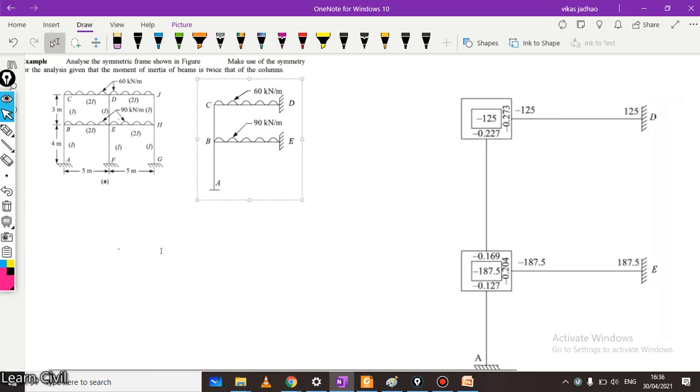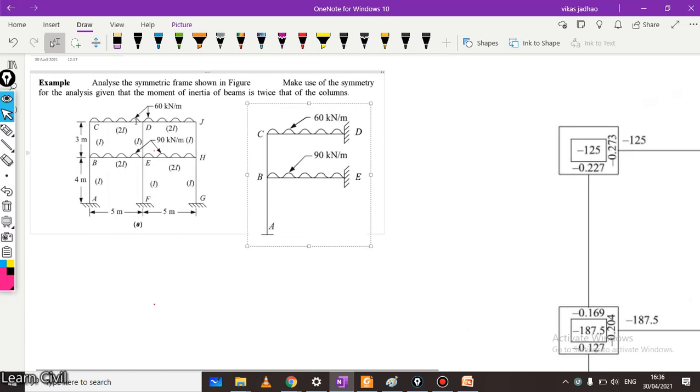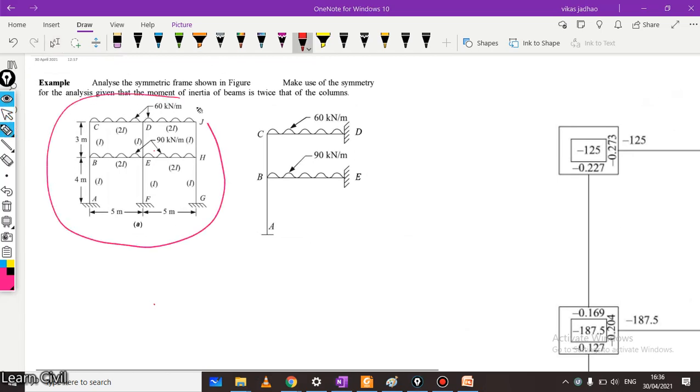Okay, so this is the frame which we need to analyze. The equivalent frame will be like this. Joints D and E we will consider as fixed joints, and we will consider only half portion of this particular portal frame for analysis purpose, because of symmetry.